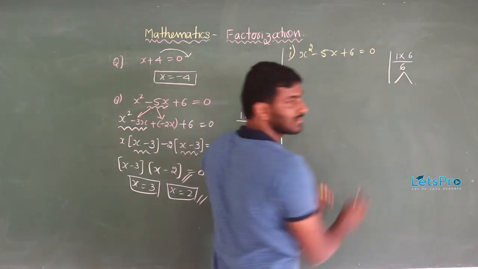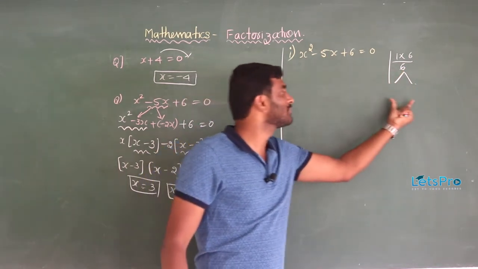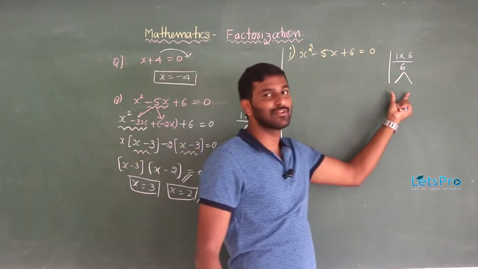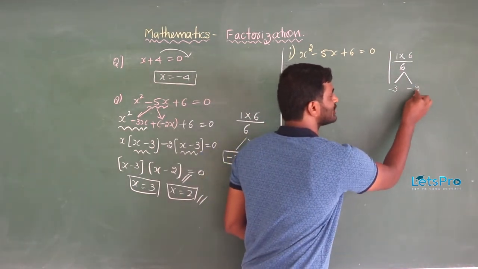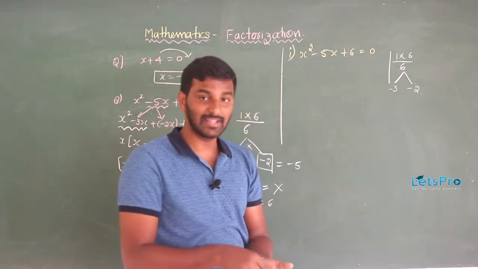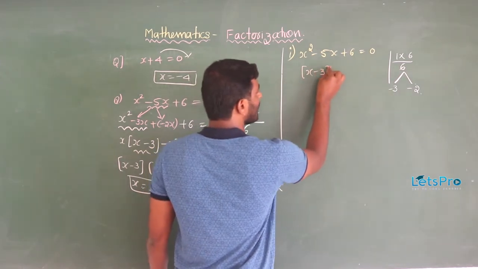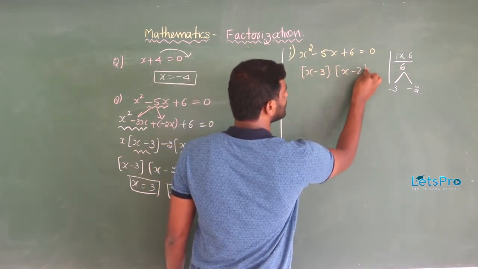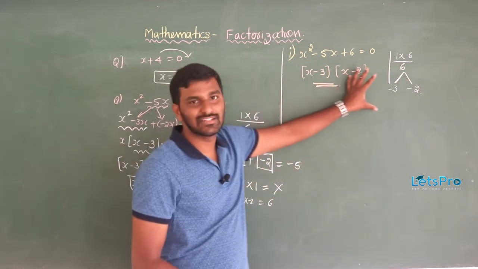We need to split so that the sum of the two numbers is minus 5 and the product of the two numbers is 6. As you know, the numbers are minus 3 and minus 2. So the factors are x minus 3 and x minus 2. Finish. Like that we can easily find the factors.